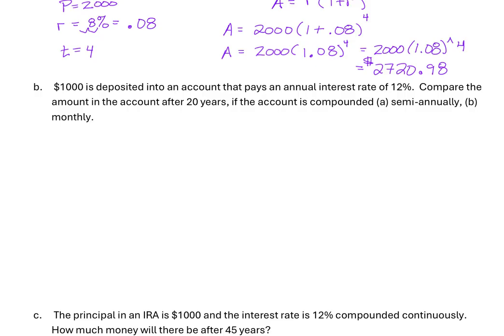we're going to do part A. Part A says that we want to compound semi-annually. This is the first thing I want to look at. I'm not going to look at anything else until I figure out what formula we need. Okay, so now that we know the formula we need, we can figure out what everything is. So for part A, we have P is equal to 1,000.